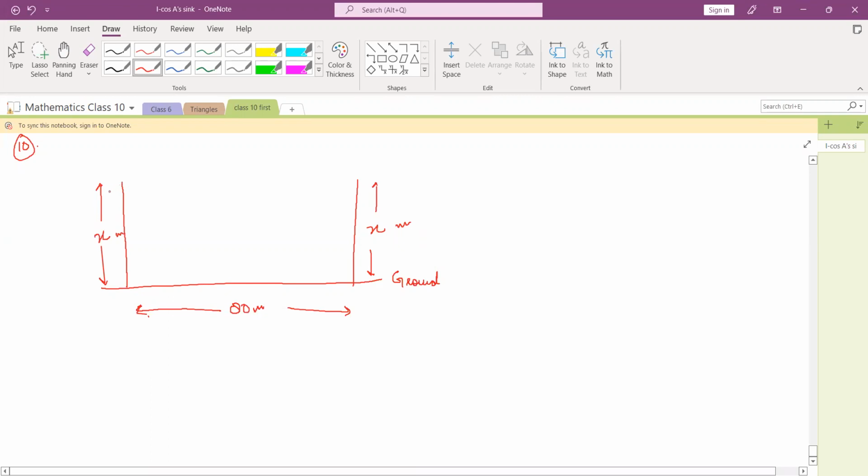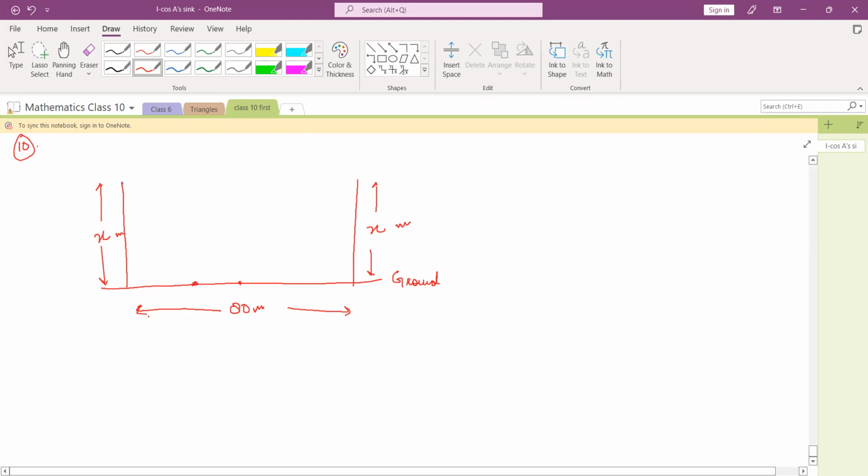From a point between them on the road, the angles of elevation of the top of the poles are 60 and 30 degree. So the point cannot be in the middle, first of all. If the point is in the middle, then the angle has to be same on both sides, correct? So the point is somewhere shifted. I can take it this side. Let's say I have my angle here.